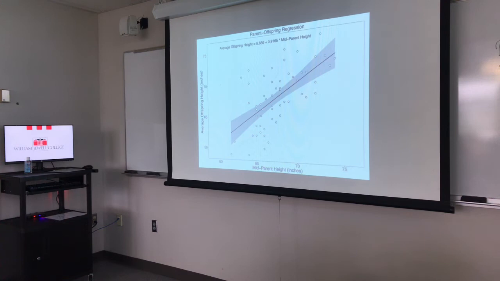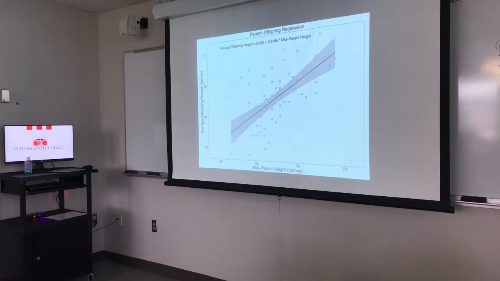But it's family resemblance that is undergirded, can't spell, undergirded by additive genes.